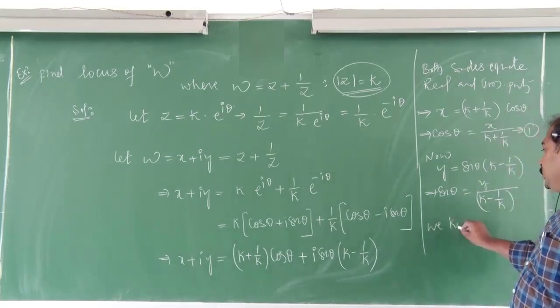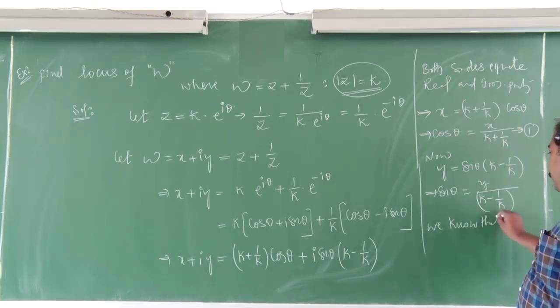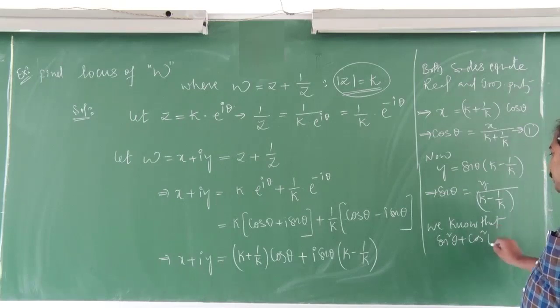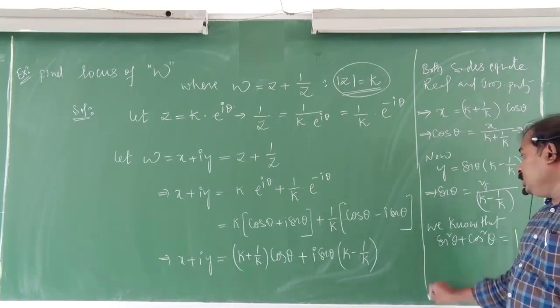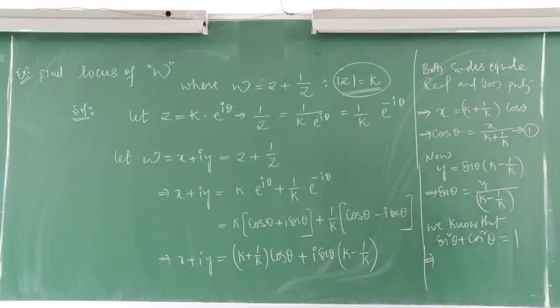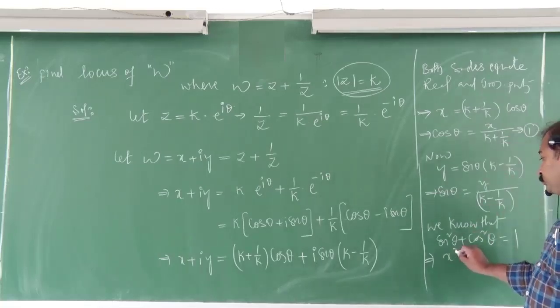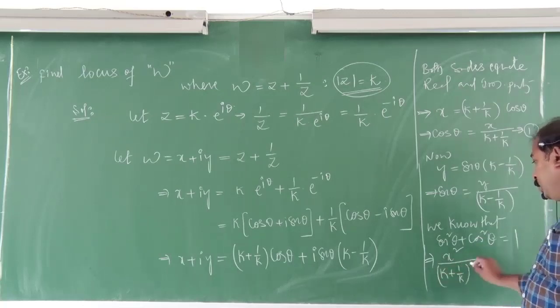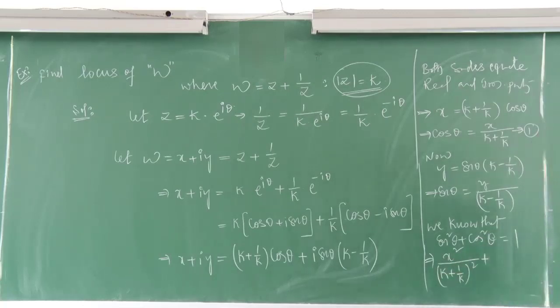We know that sin square theta plus cos square theta is equal to 1. Therefore, x square by (k plus 1 by k) whole square plus y square by (k minus 1 by k) whole square is equal to 1.